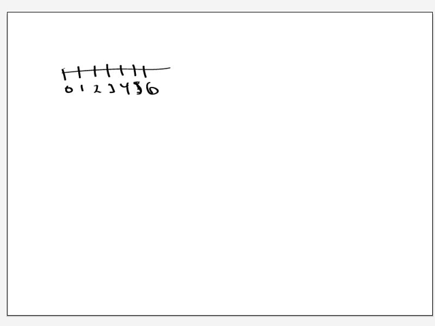Let's say that we have a cash flow that we want to receive at t equals 2, and maybe another cash flow that we want to receive at t equals 5, and yet another cash flow that we want to receive at t equals 6.